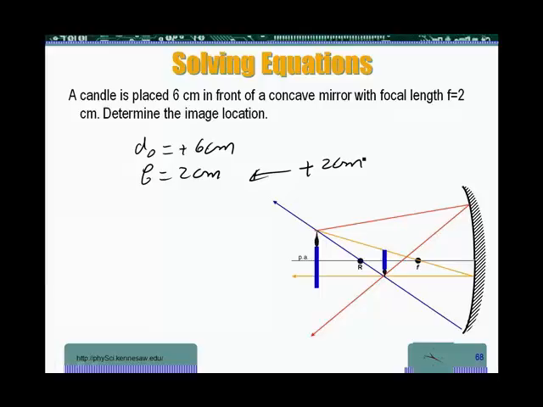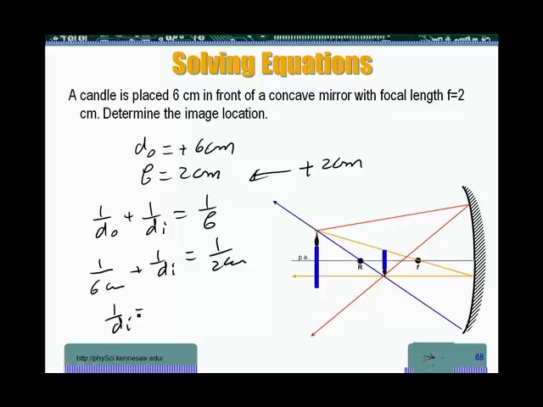Now, where's the image position? I solve the equation. 1 over dO plus 1 over di is equal to 1 over f. In this case, 1 over 6 centimeters plus 1 over di is equal to 1 over 2 centimeters. So 1 over di is equal to 1 over 2 centimeters minus 1 over 6 centimeters.